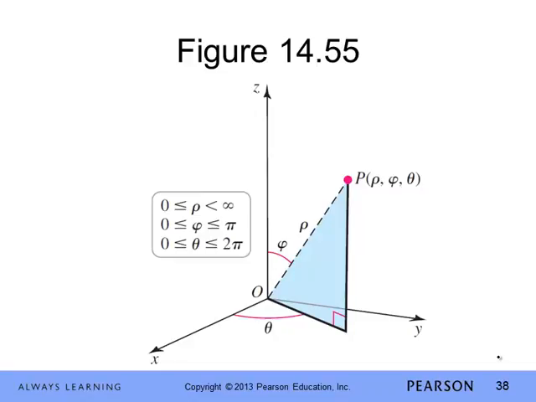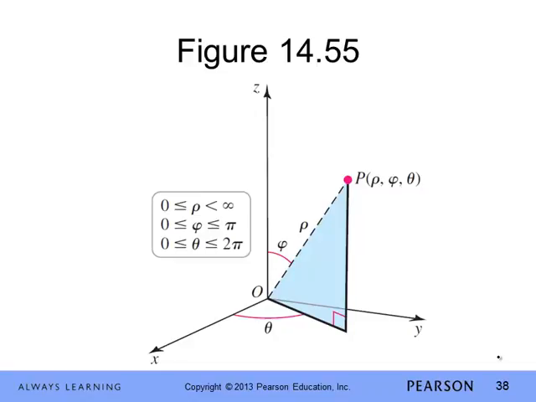Now, theta is our friend. We know and love our theta. It's the same guy that we've been dealing with all along for our polar coordinates. If you were to take our point in 3 dimensions and project it directly down onto the xy plane, and then draw a radial line segment from the origin out to that point on the plane, then theta will be the angular measurement between the positive x-axis and that line segment on the plane.